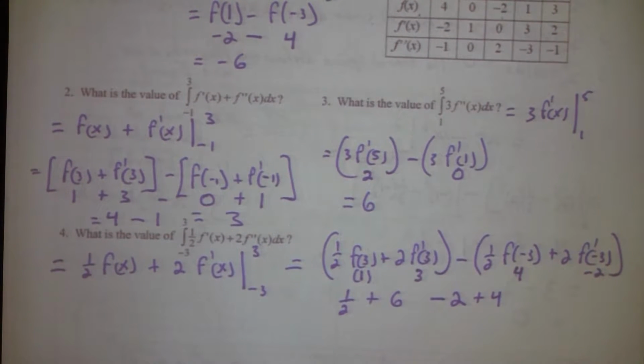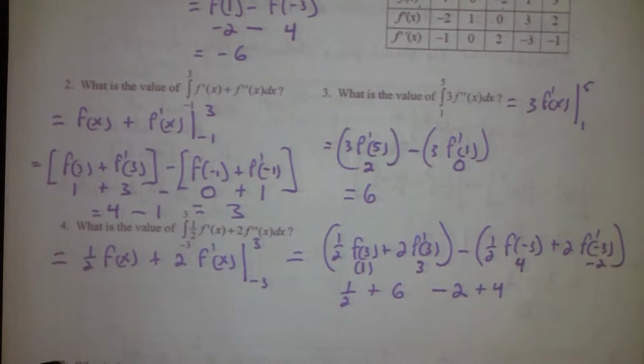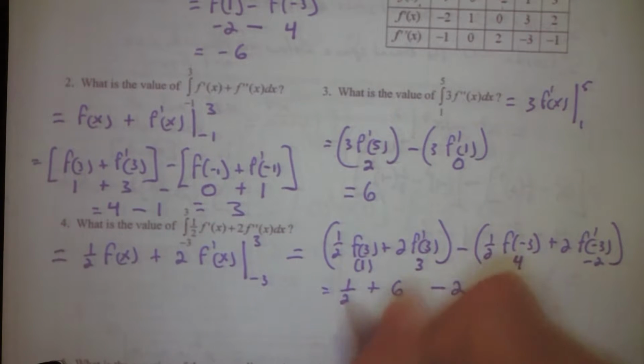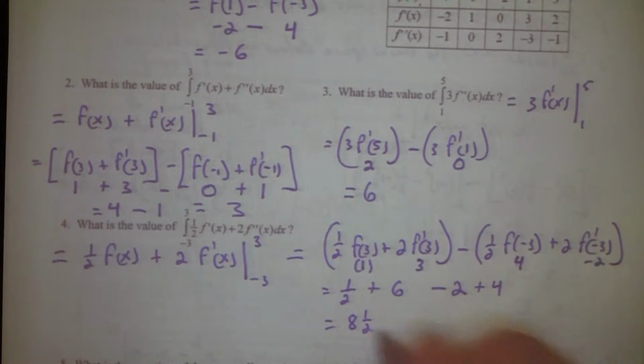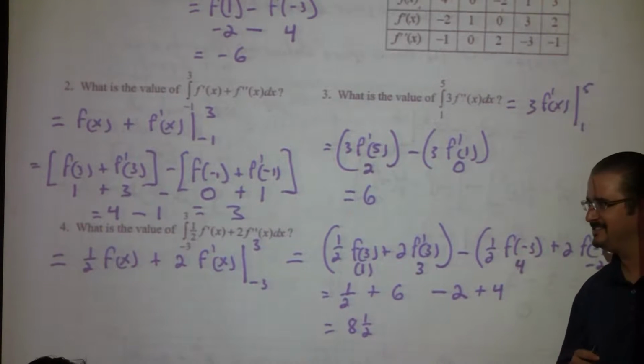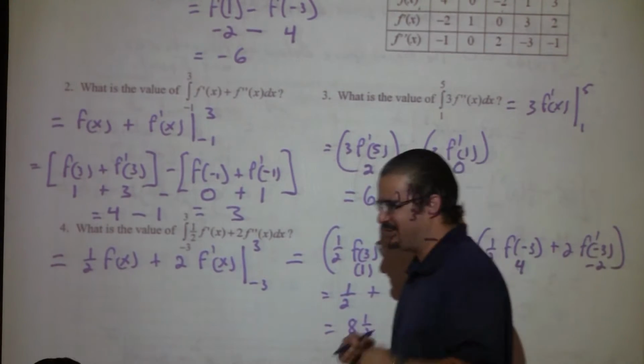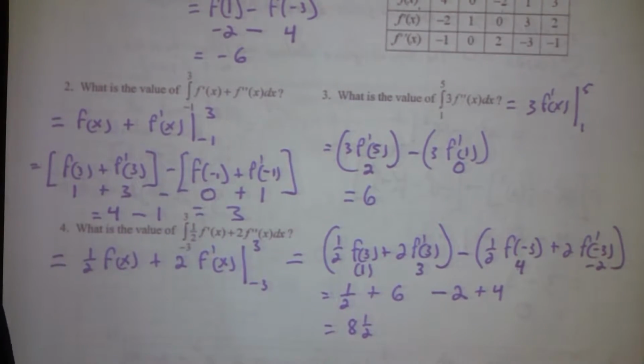So 6 plus 4? 10, take away 2? 8 plus half? 8.5. 17 over 2? Half plus 8? Are they all equivalent? Yes? Alright. Good? Got the idea?